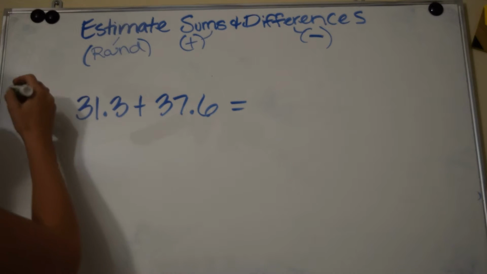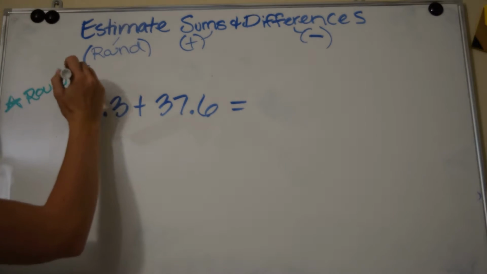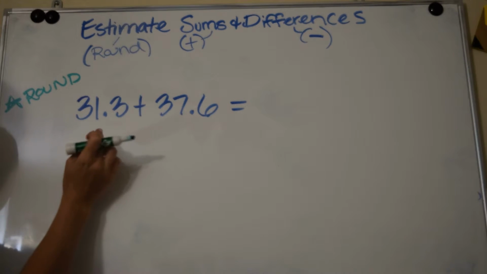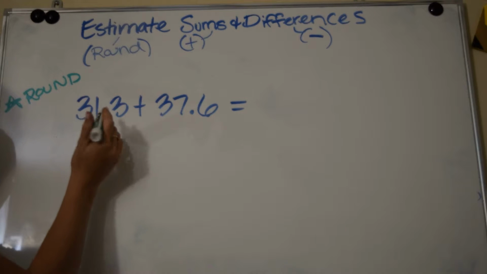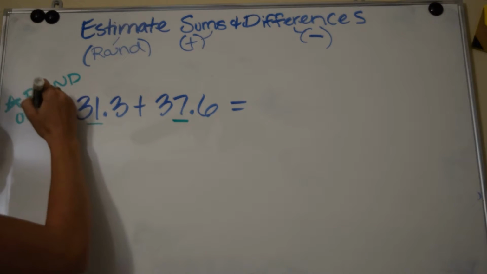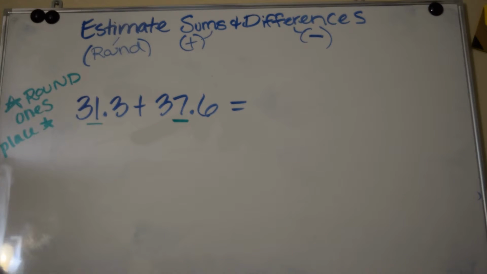When you do this, you need to round to a whole number. So if you're rounding to a whole number, you want to get rid of everything to the right of the decimal. In order to do that, you always round whatever number is in the ones place. And I'm going to say that one more time because that's really important.